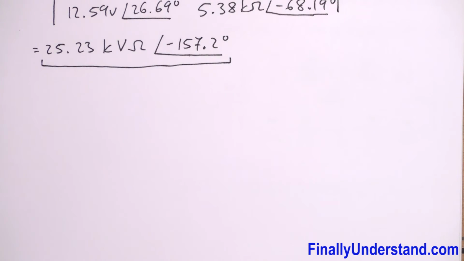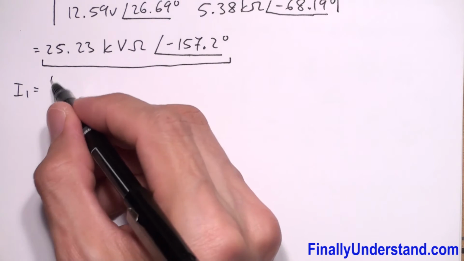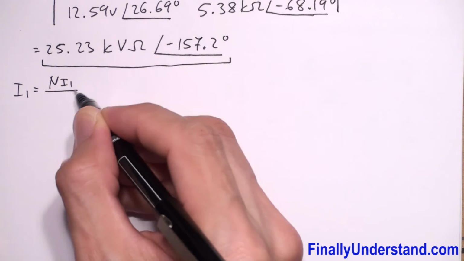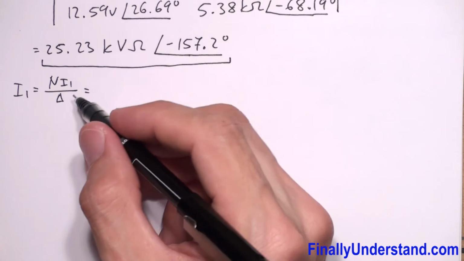Now we can find I1. I1 is equal NI1 divided by delta. As I said, NI1 is the number which helps me to find I1.